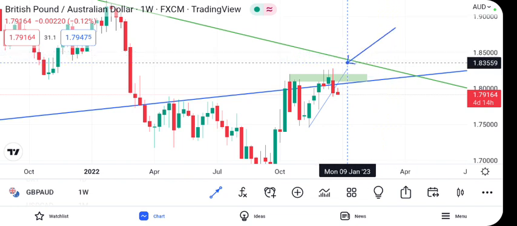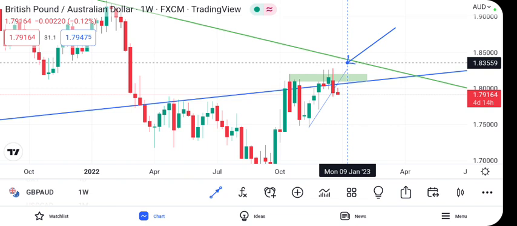Don't get it confused. If it's a weekly zone, then you need weekly candles to cross above or below the zone, so you can classify that as a break or a continuation to the upside.